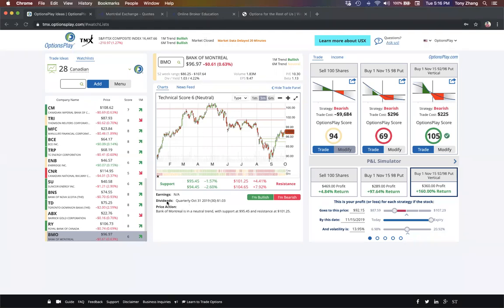Val is saying, do you still sell an in the money call if you're bearish and want to buy it? I would not sell an in the money call. If you're bearish on it, just simply sell the stock, take profit on it, and buy it back later, because I don't see the value of selling an in the money call.